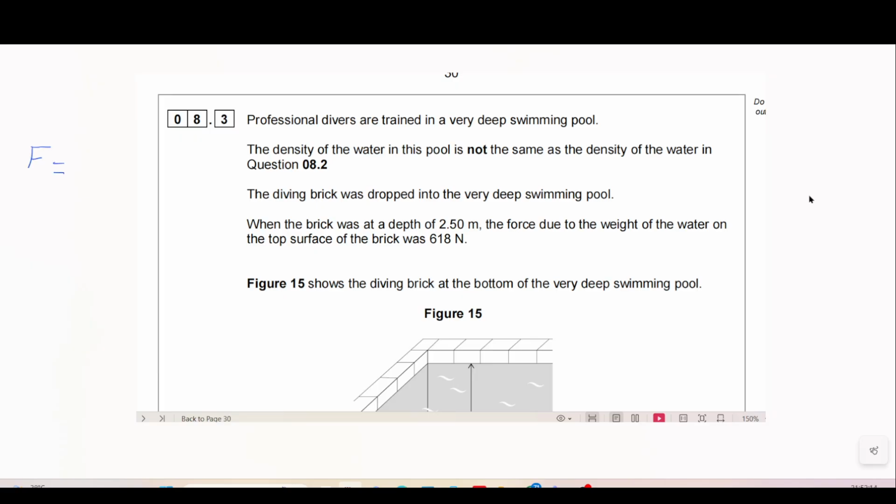Force due to the weight on the top surface.